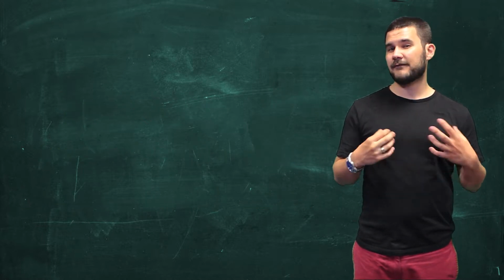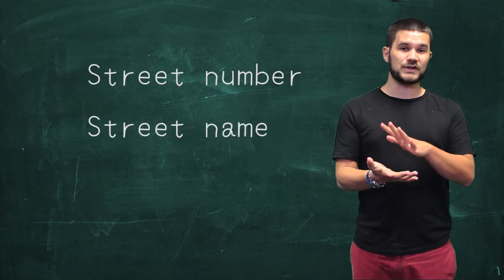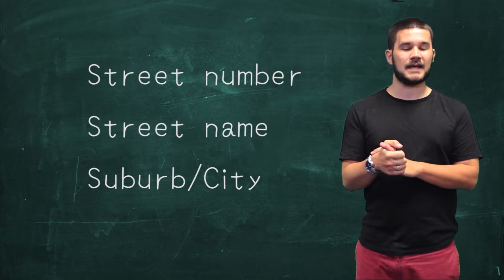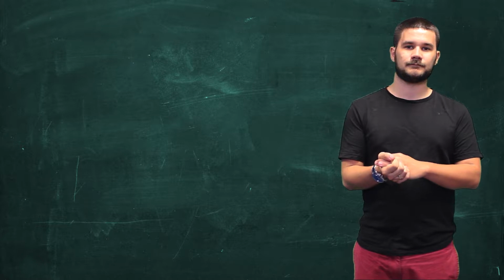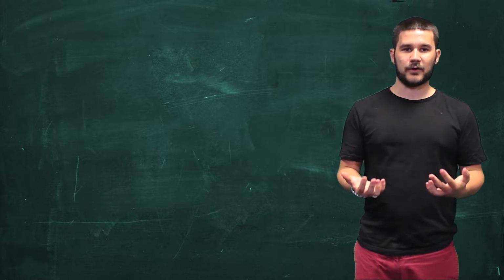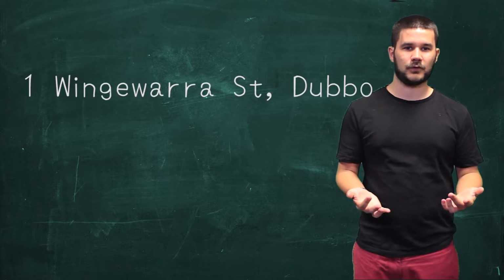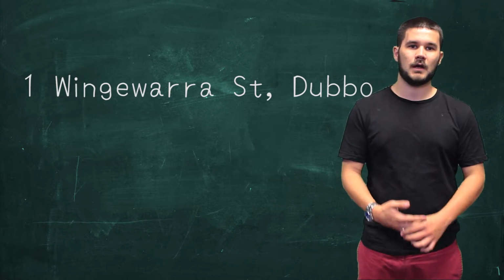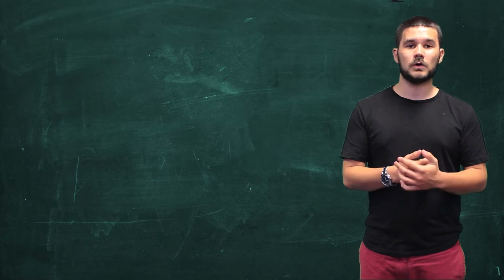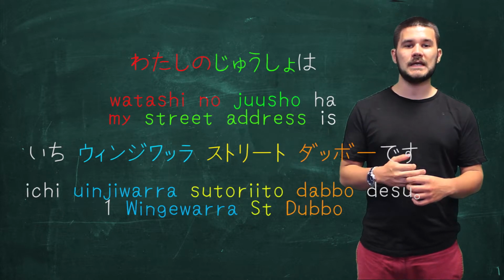This is going to be very, very difficult because you need to be able to say your street name, your suburb in katakana. So the Japanese way of saying loan or foreign words. So let's say, for instance, I lived in Dubois on 1 Street, for example. I would say, 私の住所は1ウィンジワラストリート.